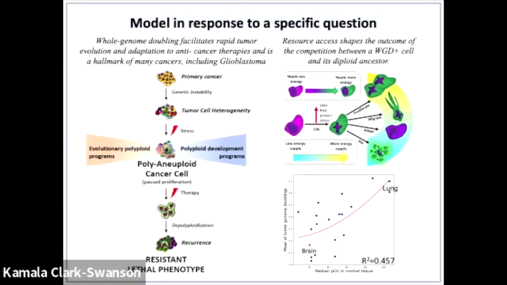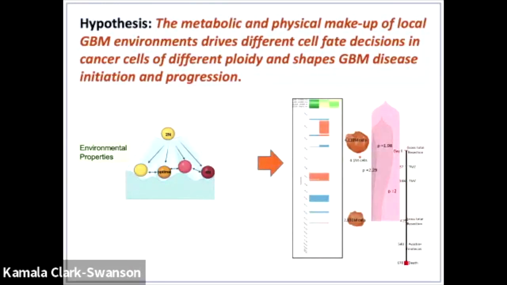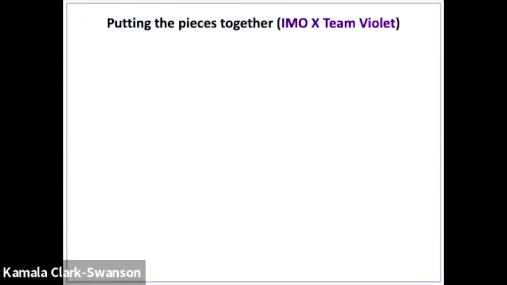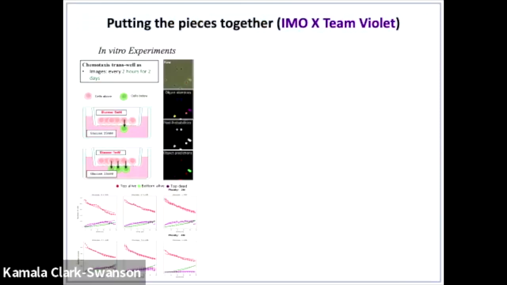So the idea was to try and figure out the interplay between cell ploidy and the environment they are in, and how that drives glioblastoma growth and progression, and what it could mean. So this was basically day one.